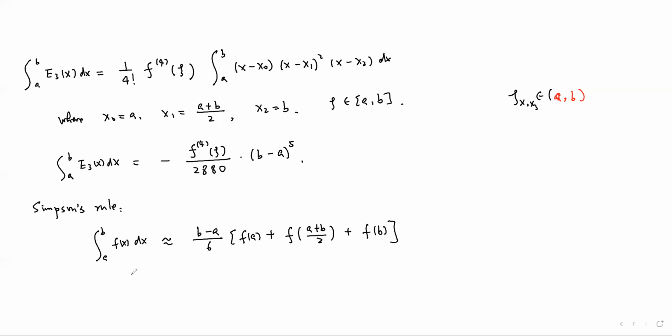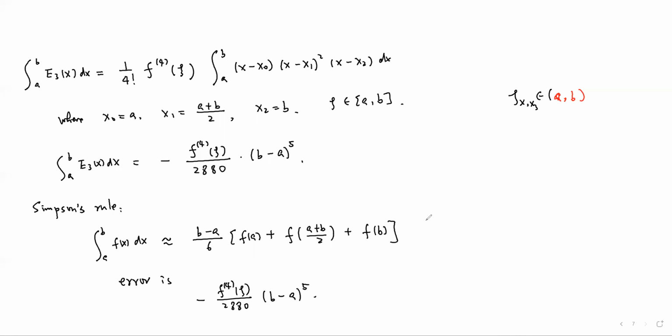The error is negative f fourth derivative at sign over 2880, times (b minus a) to the fifth.